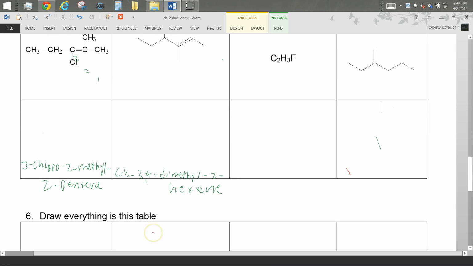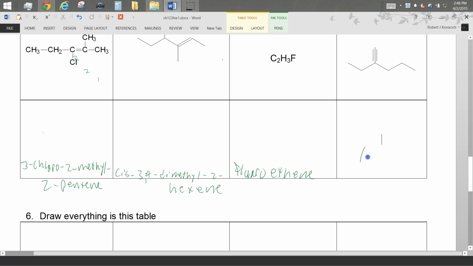Okay, this next one? Fluoroethene, right? Yeah. Do I need to write 1 or anything like that? For the location of the double bond or for the location of the fluorine? It's only 2 carbons, it doesn't matter.